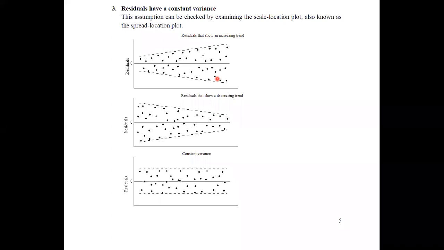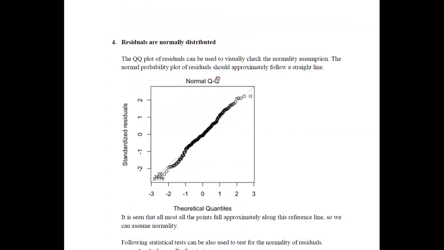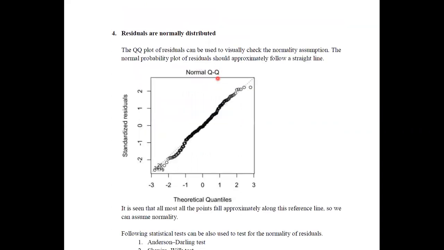To test the homogeneity of these variances, we can use Levene's test. Under the null hypothesis of Levene's test, we are saying that there exists a constant variance among the error terms. And the last assumption that we are going to test is that the residuals are normally distributed.